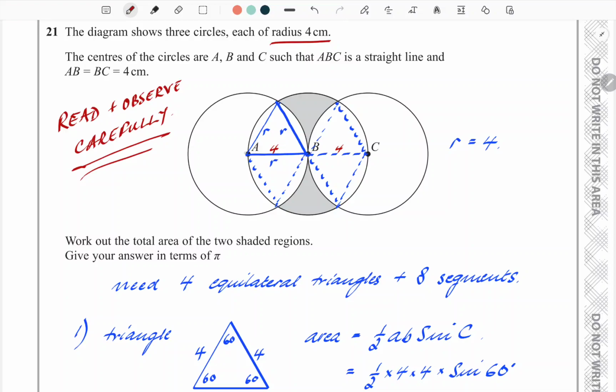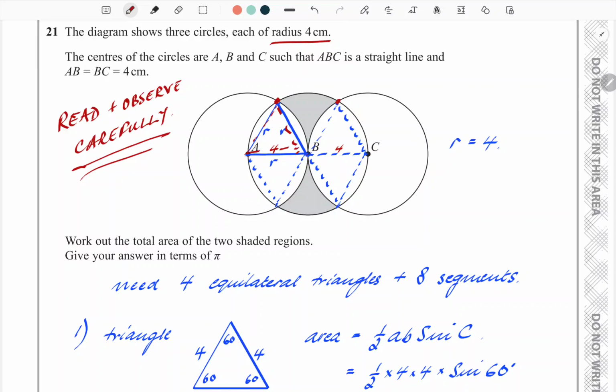So you've got from A to the edge, that must be a radius. And then from B to that same point, i.e. the edge, both of those, again, that's a radius. Each of those is a radius, all right? And so on. So that effectively tells us that that thing there is an equilateral triangle, all right?